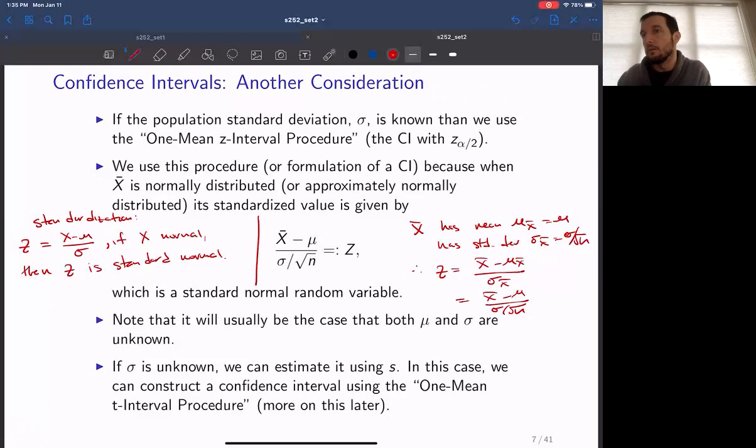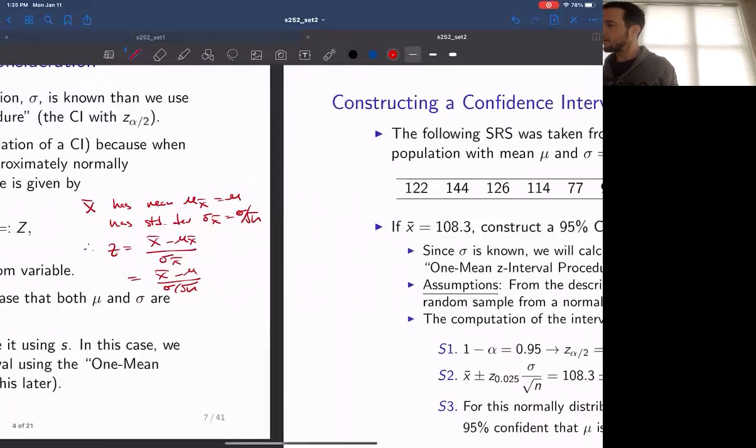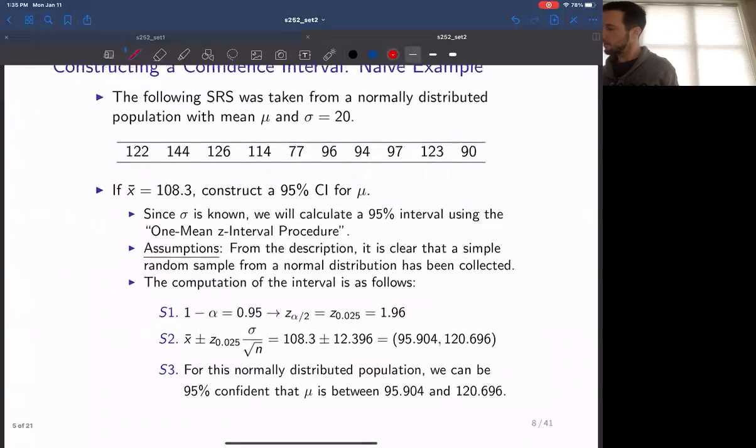So this is part of the explanation for why we associate z with sigma and why we associate the t-value with the sample standard deviation, because of what happens when you standardize x bar using sigma versus s.